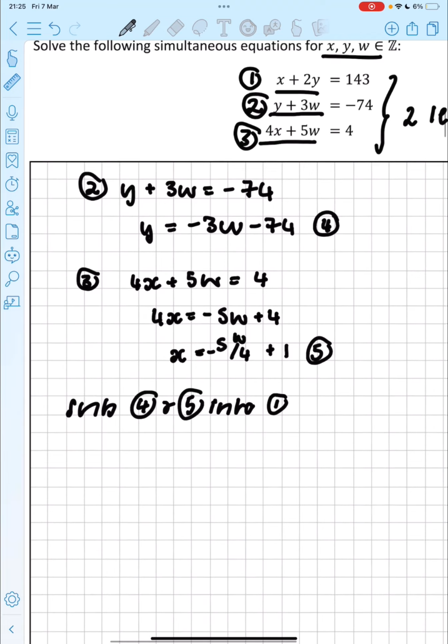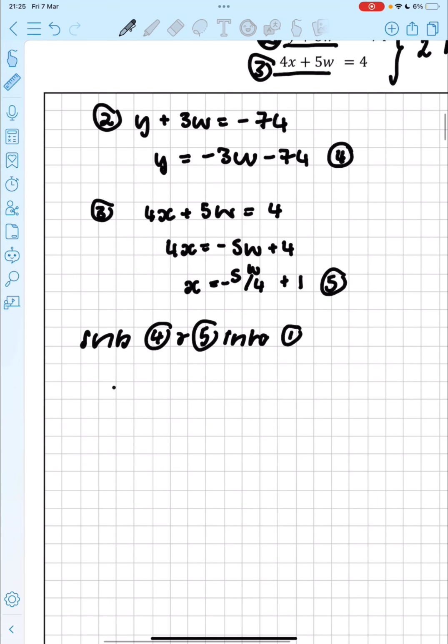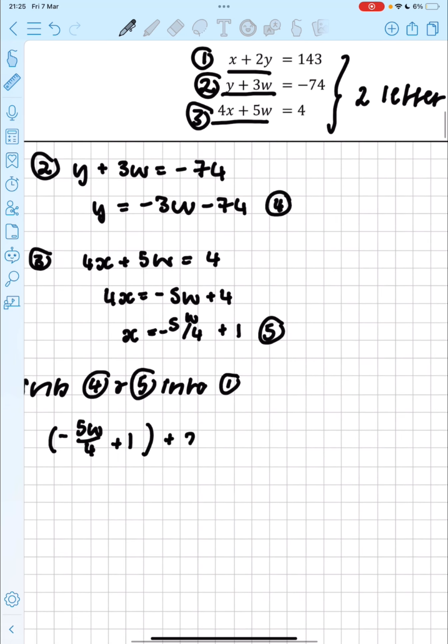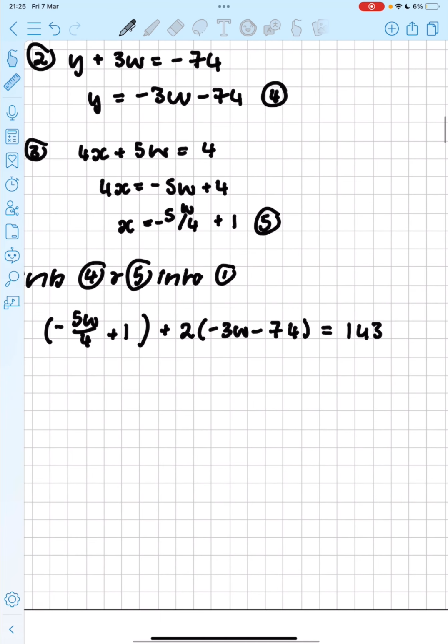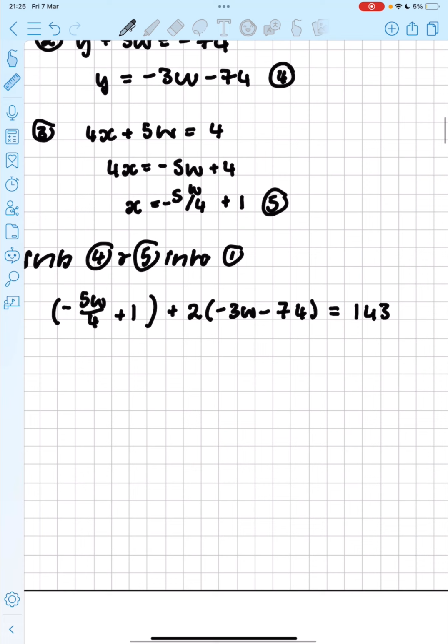So we have x, so x is equal to minus 5w over 4 plus 1, plus 2 times y, we know y is minus 3w minus 74, equals 143. And now we'll rearrange this and try and make this make sense.